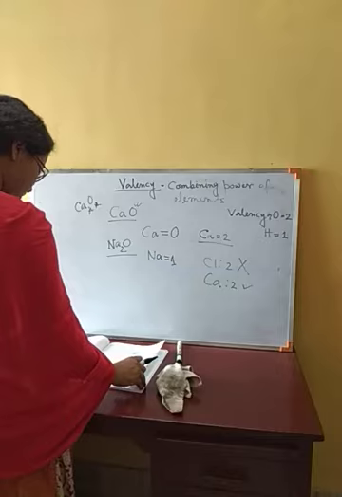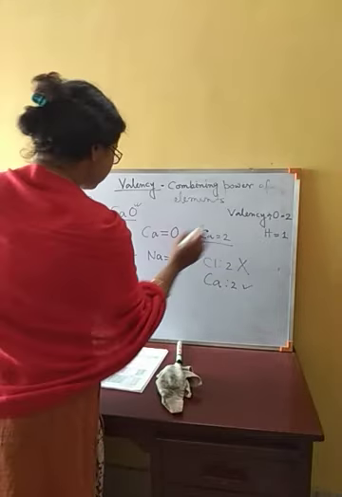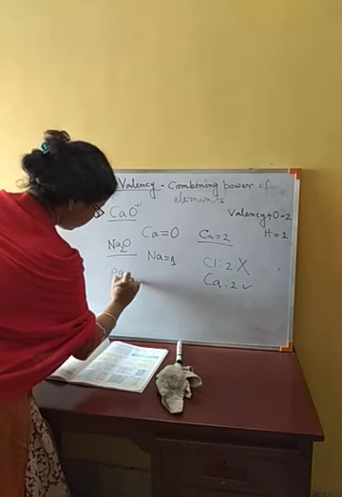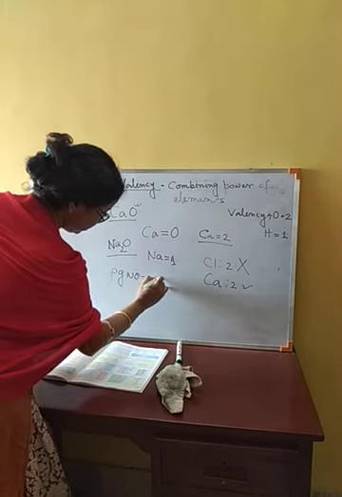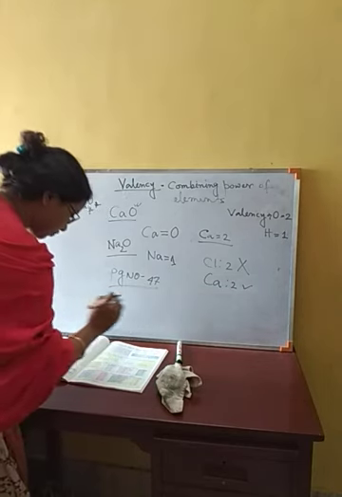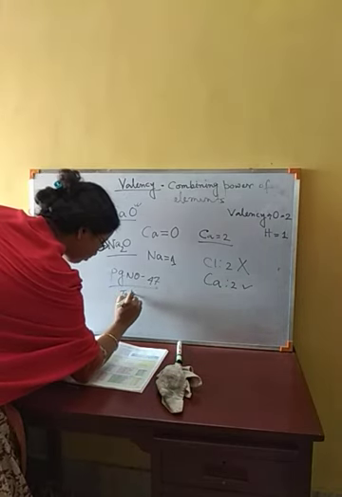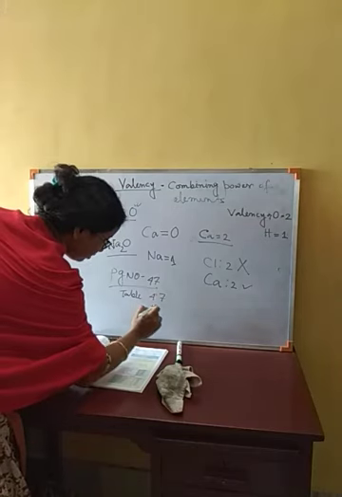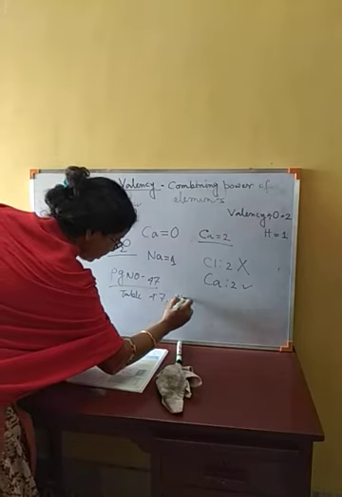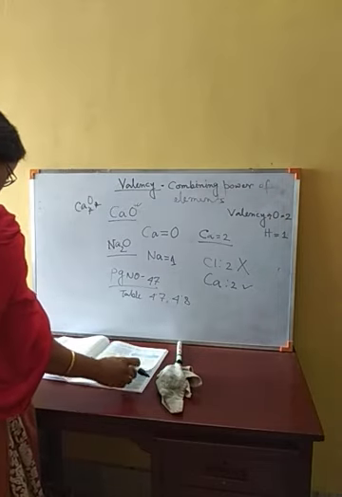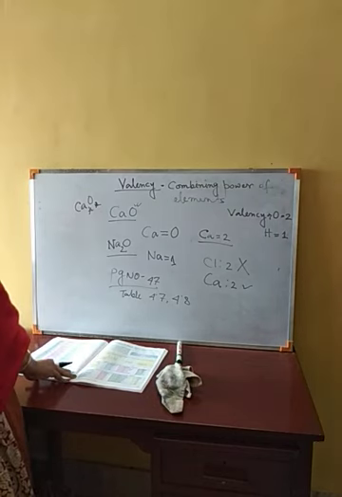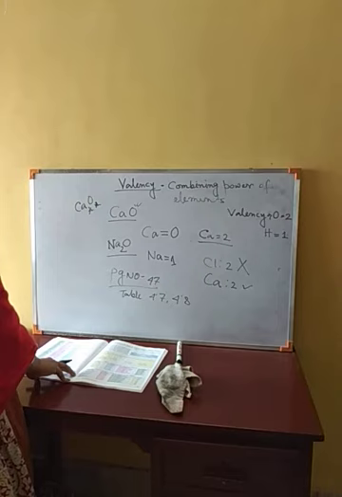And molecular formula, table number 4.7, on page number 47. From this page you have to do table 4.7, 4.8, formula of molecules of some common elements.